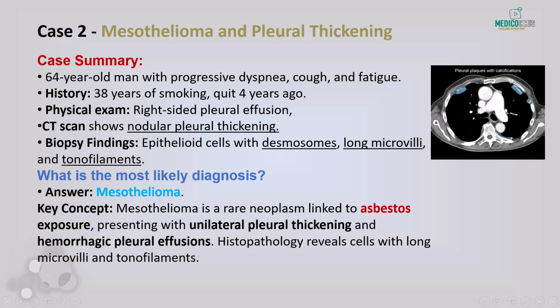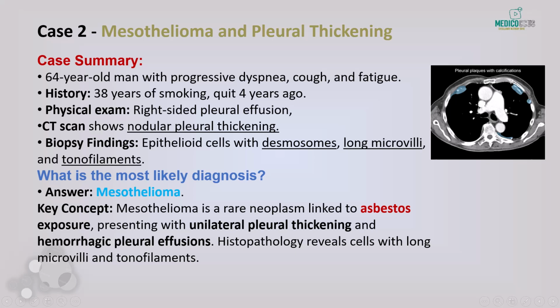The primary risk factor for developing mesothelioma is asbestos exposure, which often occurs in industries like shipbuilding, insulation work, and construction. This patient's history of smoking does not directly contribute to mesothelioma risk, but can compound lung disease in those with asbestos exposure.